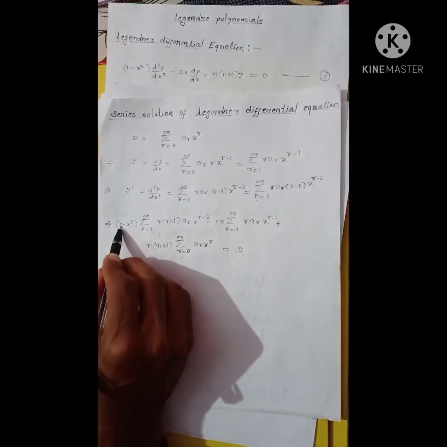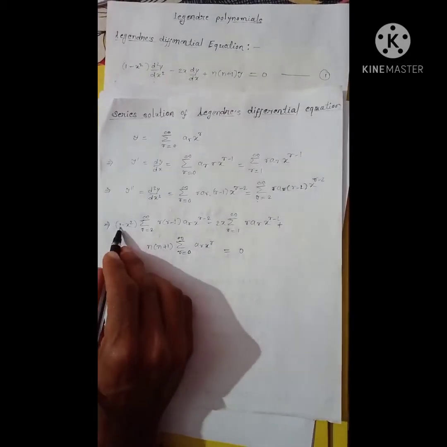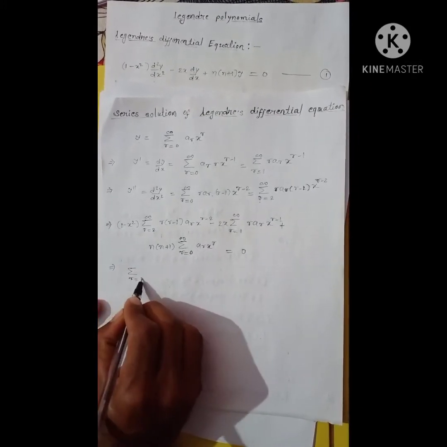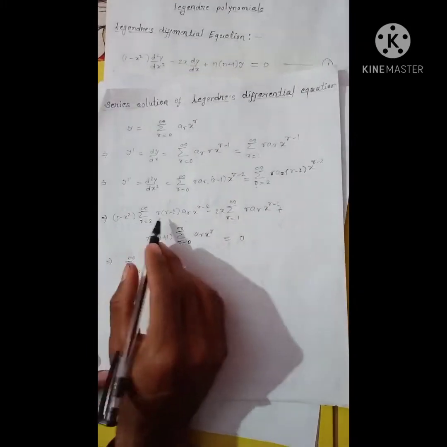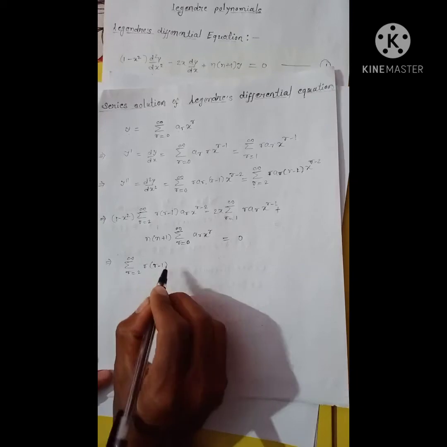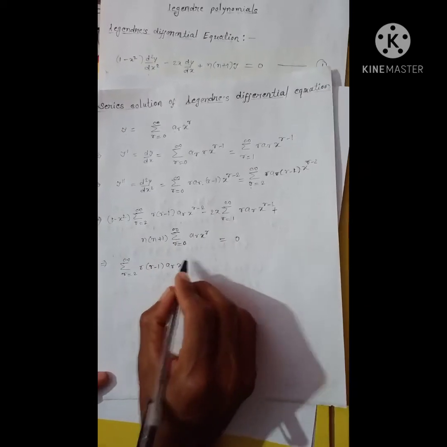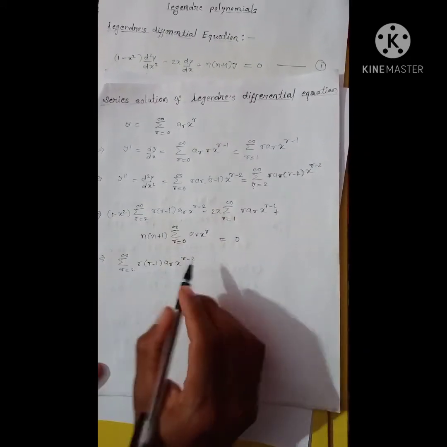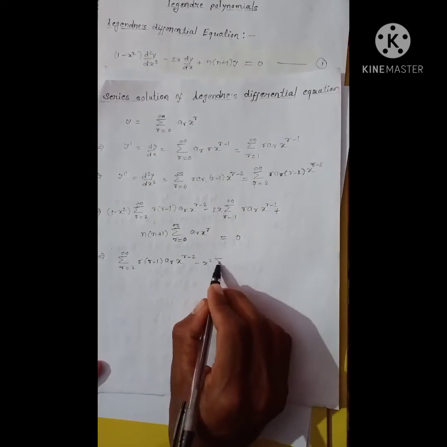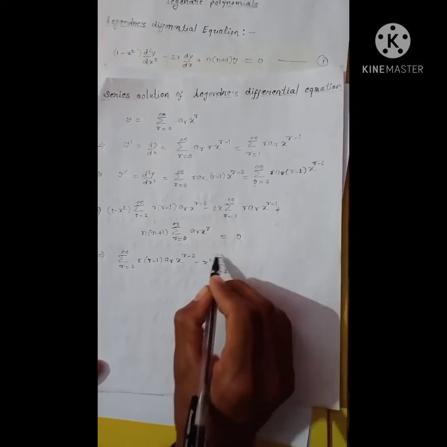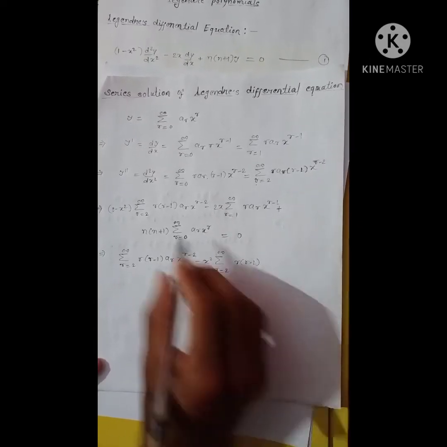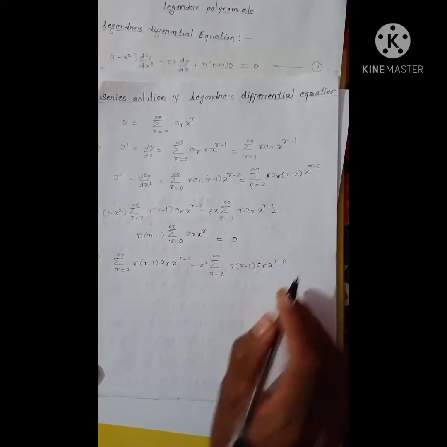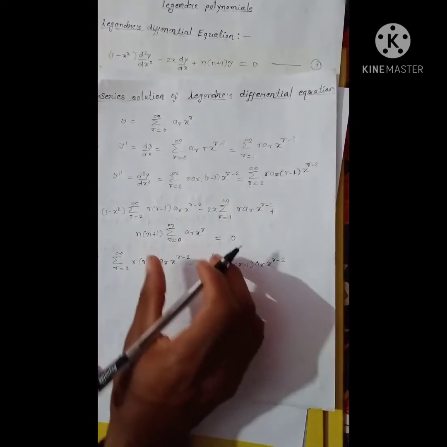Now we will open this bracket, so we get 1 into this summation r equal to 2 to infinity r into r minus 1 ar and x to the power r minus 2, and now minus x square into summation r equal to 2 to infinity r into r minus 1 ar into x to the power r minus 2, and this term will be as it is.